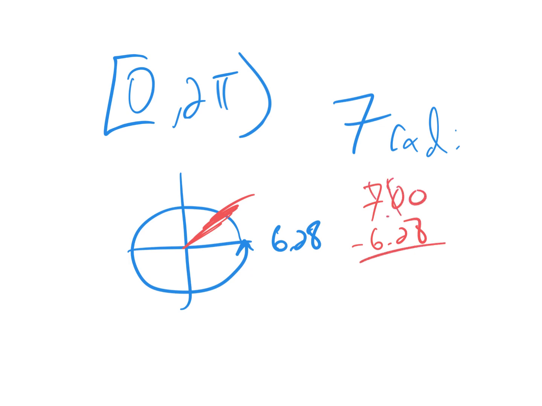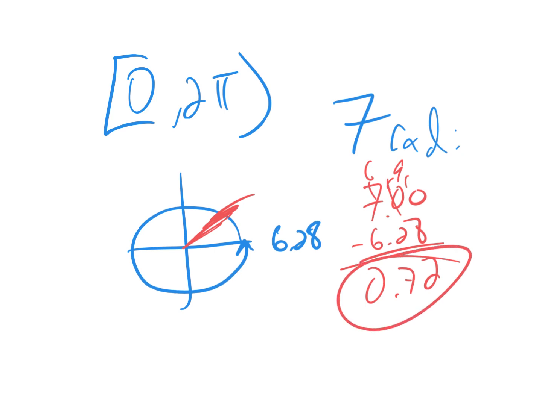I'm being lazy and I don't have one right here. So what's that? 0.72 is coterminal to 7 radians. Okay, so it doesn't have to have a pi value in it in order to still be able to find the coterminal angle. Okay. All right, hope this helps answer your question.